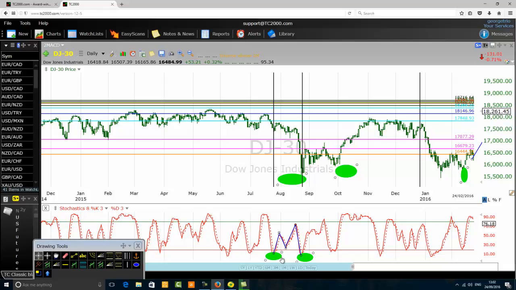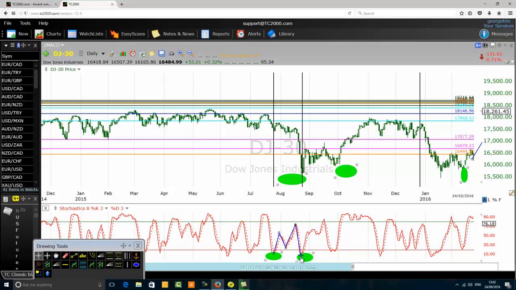So when we see the stochastic forming a double bottom chart pattern and the price is doing something else that is not a double bottom chart pattern, that double bottom stochastic pattern is usually a leading indicator, which can allow us to forecast that there is a high chance that very soon the price itself will also form a double bottom chart pattern.